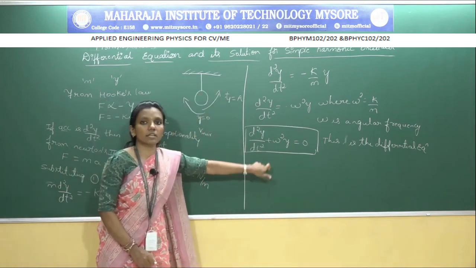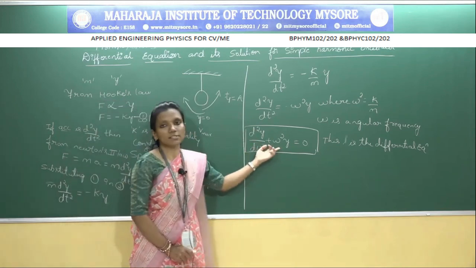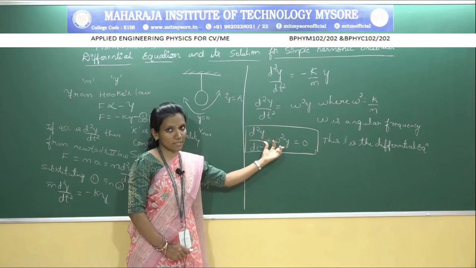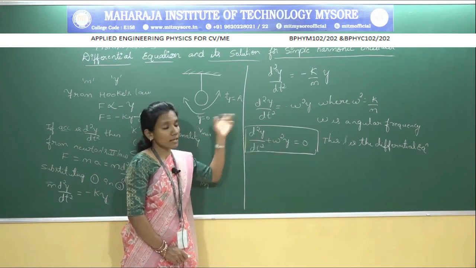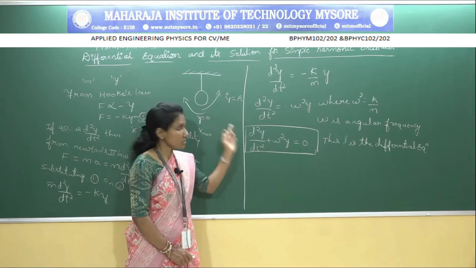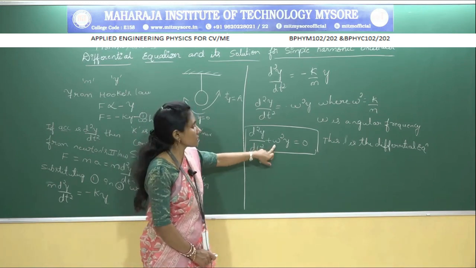Next we have to find the solution for this, that is, y in terms of the displacement equation: at what displacement the particle will execute the oscillation. For that we have to make some rearrangement of this equation.